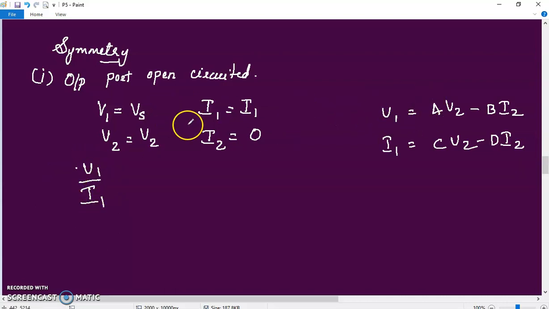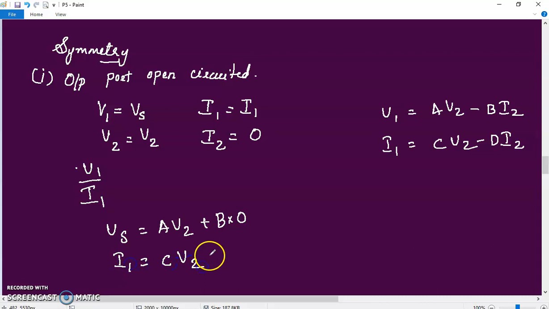So we can put these values in this equation. Vs is equal to A into V2 minus B into I2, and B into I2 is 0. Next, I1 is equal to C into V2 minus D into 0.